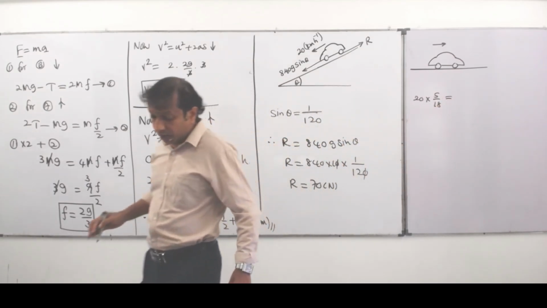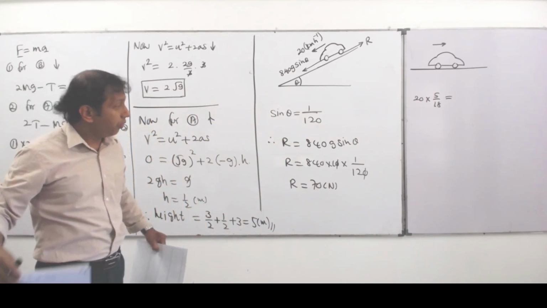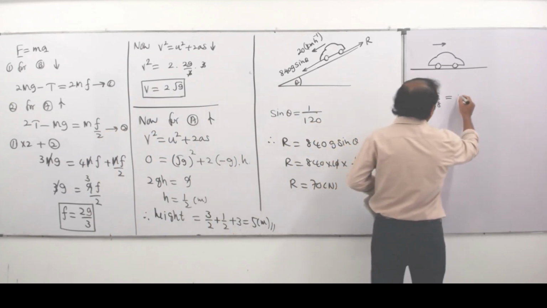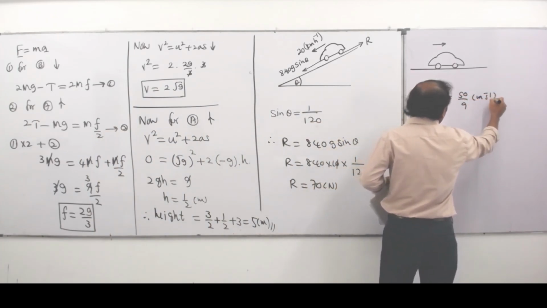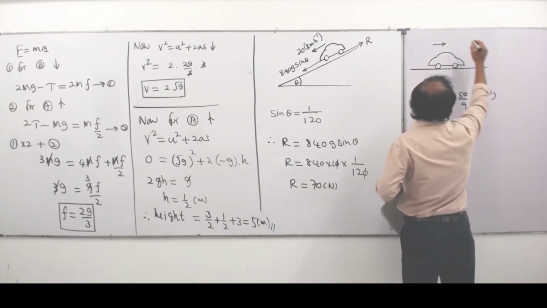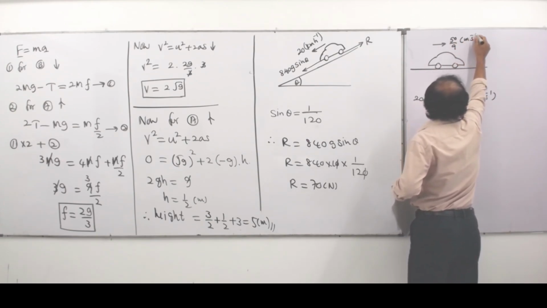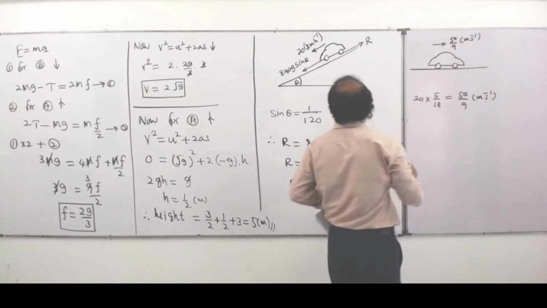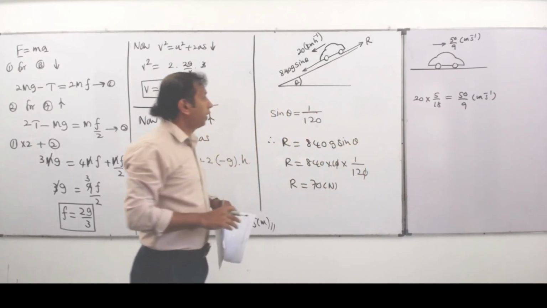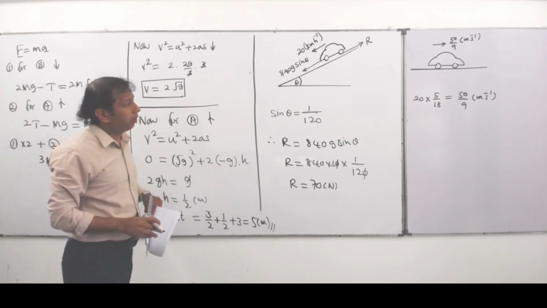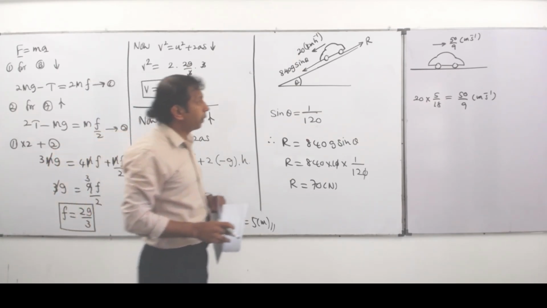When we do this way, we get 50 upon 9 meters per second. Then we'll convert them to SI units. 50 by 9 meters per second. Kilometers per hour, we can convert to meters per second by multiplying by the factor 5 over 18.